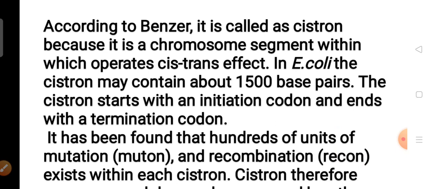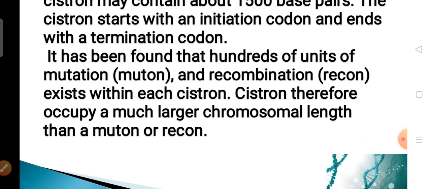When one gene directs the synthesis of a polypeptide chain, there has to be a start codon, where protein synthesis starts, and a termination codon, where it stops.